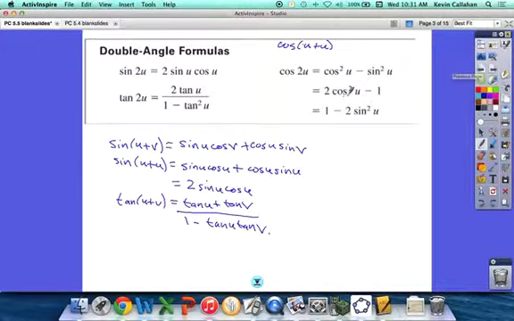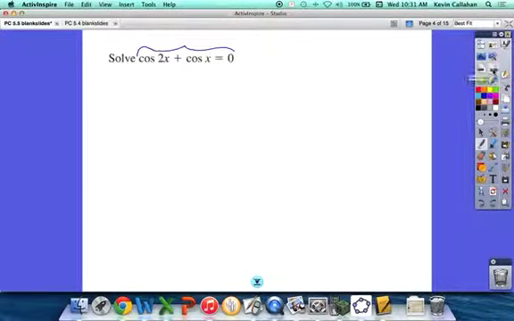You're probably going to want to use this one here. So you leave it all in terms of cosines. And then, it'll probably be a quadratic type. You'll have to solve it like a quadratic type. So we're going to substitute for the cosine of 2x, 2 cosine squared x minus 1. That's this one right there. 2 cosine squared x minus 1 plus cosine x equals 0.